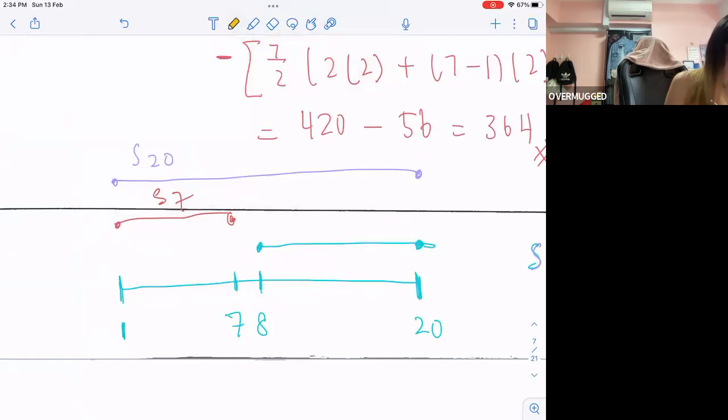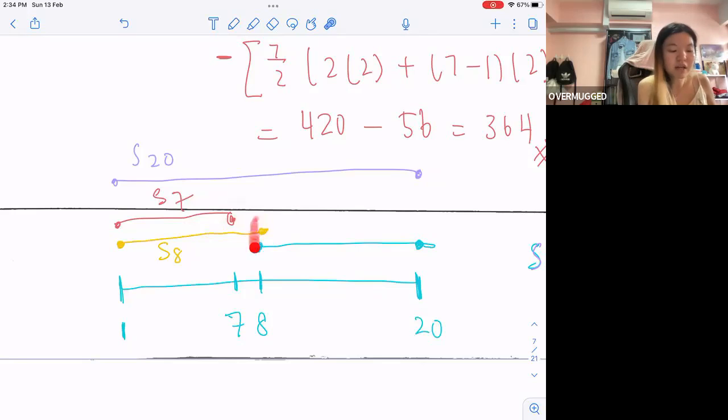S8 will be from the first term to my 8th term. It will include my 8th term. So if I take S20, 1 all the way to 20, minus S8, can you see I'm actually minusing off the 8th term also? But I want to include my 8th term, which is why I just do the 1st to 7th term, find S7, and minus it off from S20. Does that answer your question?